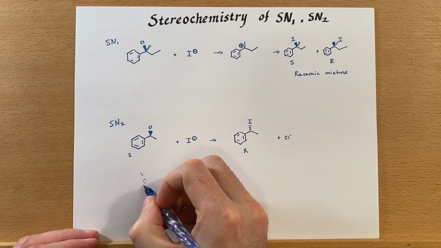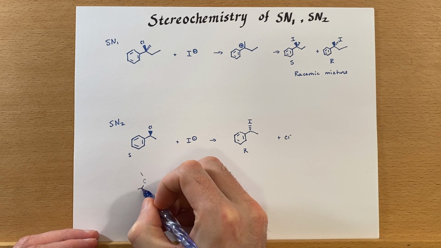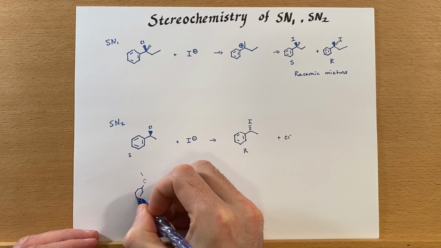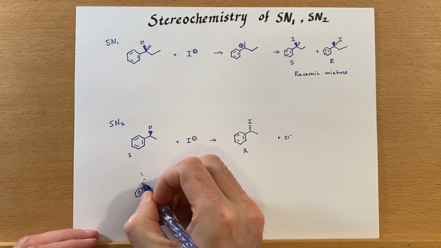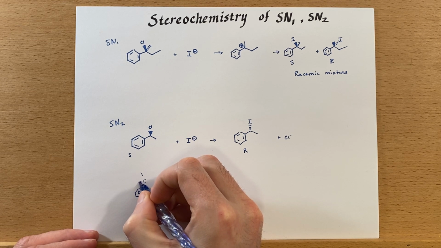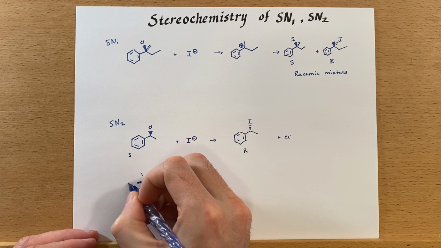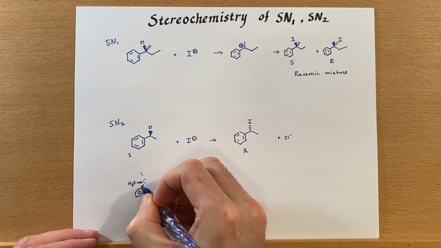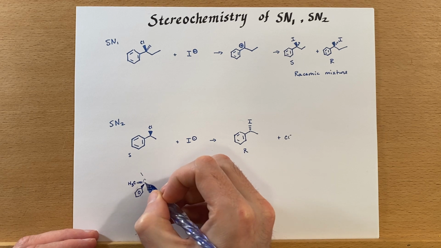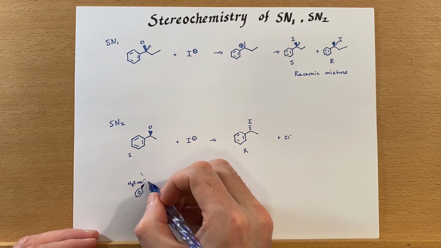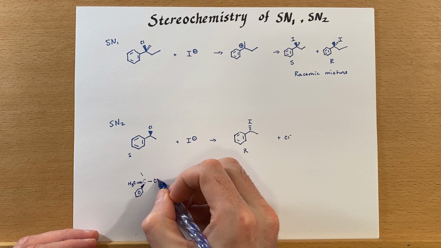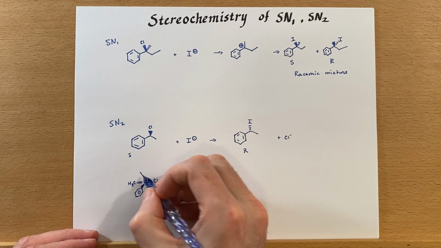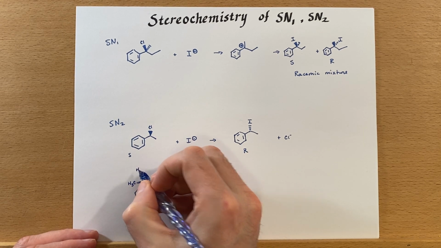So we're going to start off like this. And that's coming out of the page, and that's going into the page. And then we have our chloride over here, and it's a hydrogen.